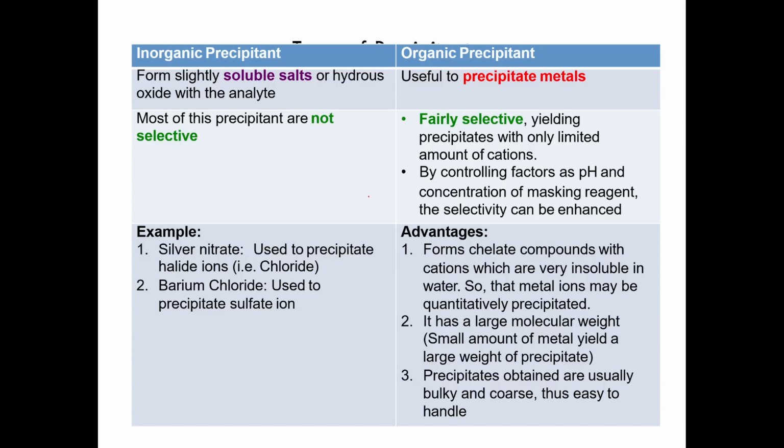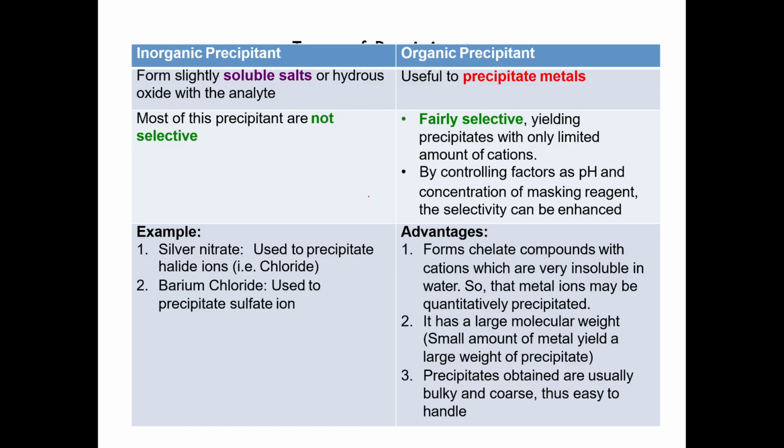Okay, and for example, an inorganic precipitant is silver nitrate, used to precipitate the halide ion, for example, chloride. And organic precipitants have some advantages compared to inorganic precipitants. The advantage is that they form chelate compounds with a cation, which are very insoluble in water.